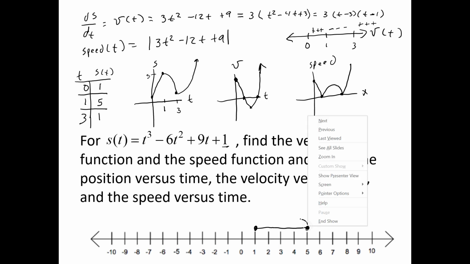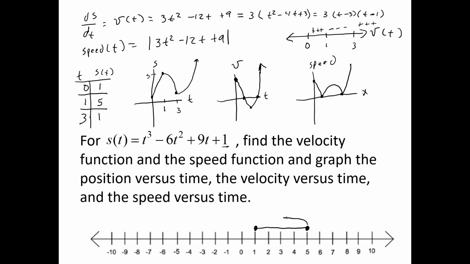Then it walked back to 1 at a t-value of 3, and then it turned around and just kept walking to the right. From 0 to 1, it went from 1 to 5, and then from 1 to 3, it went from 5 back to 1, and then from 3 on, it just took off that way.